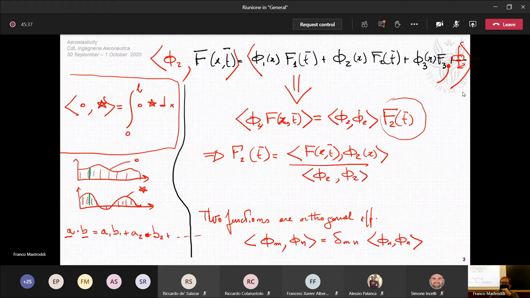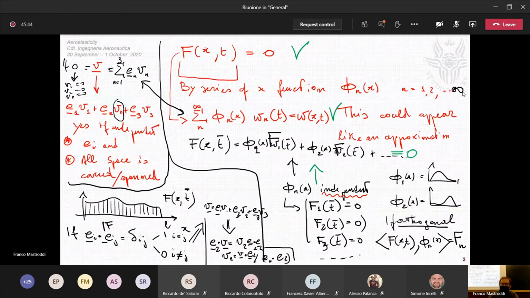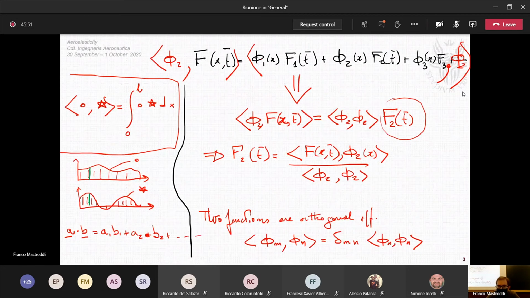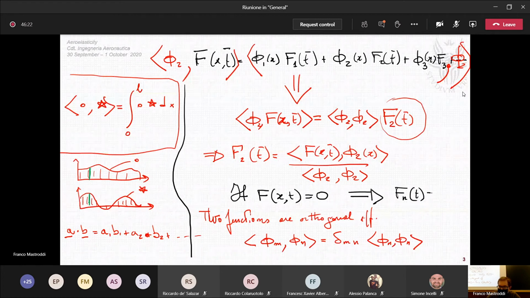And so, at the end of the story, if you have as an equation f equal to 0, this equation is identical to a set of equations. If you have to impose f(x, t) equal to 0, and you have a set of orthogonal functions, this is equivalent to writing f_n of time equal to 0 for n equal to 1, 2, 3.